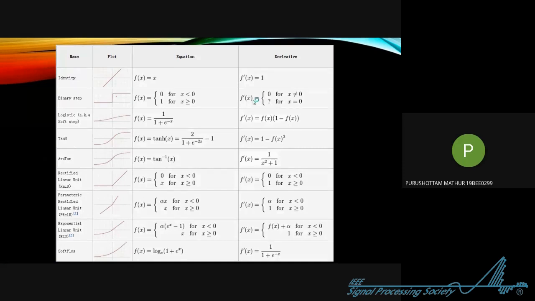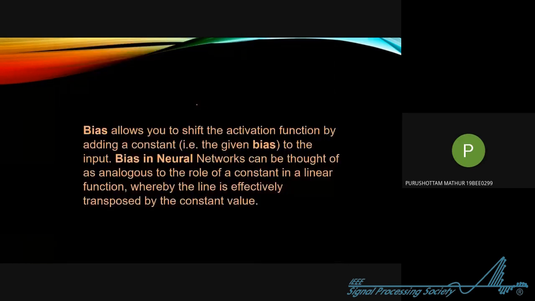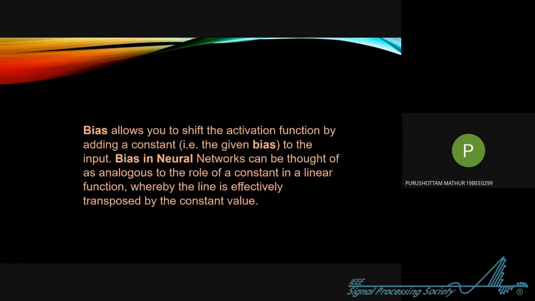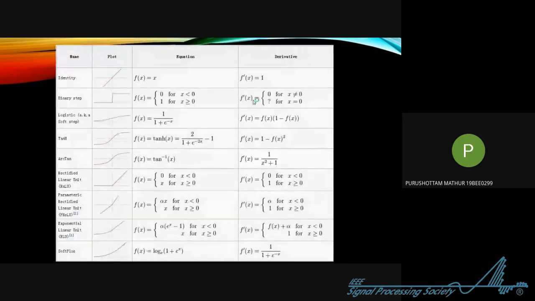You can see it is zero till some threshold. This threshold is fixed at zero. As I told you, the threshold is some t value. If it is not zero, it could be some other value t also, so then the y value will also change.